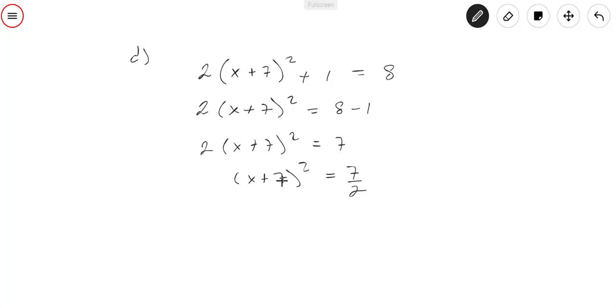And we finally got here the square of a binomial equal to a number. We apply a square root here. So we can say that x plus 7 is equal to plus or minus the square root of 7 over 2. In this case, I'm going to rationalize this expression. So remember that when there is a fraction under the radical, that expression is not in lowest terms.